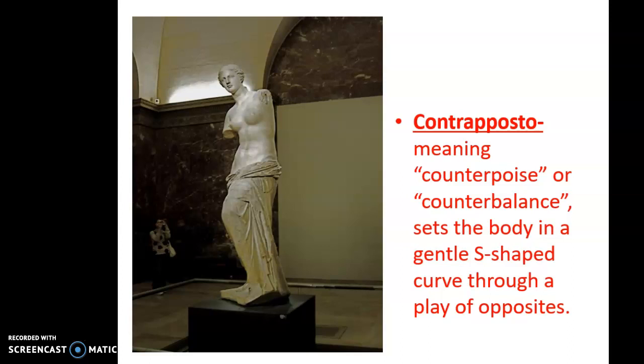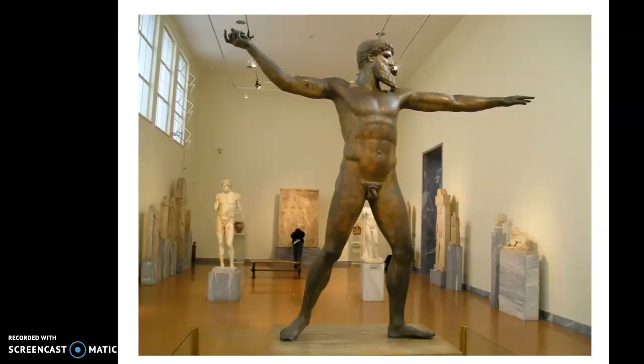This means a counterpose or counterbalance that sets the body in a gentle S-shaped curve through the play of opposites. So this is something that is very traditional in sculpture, that contrapposto pose.